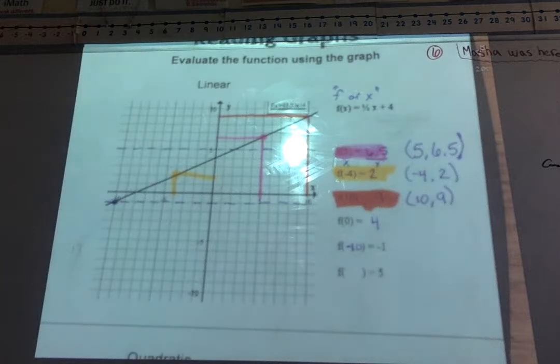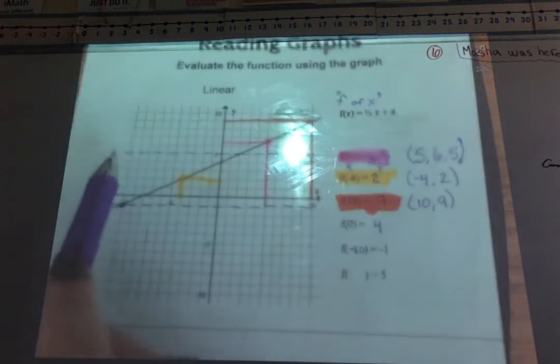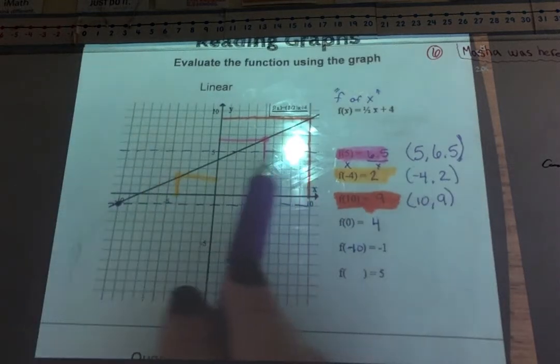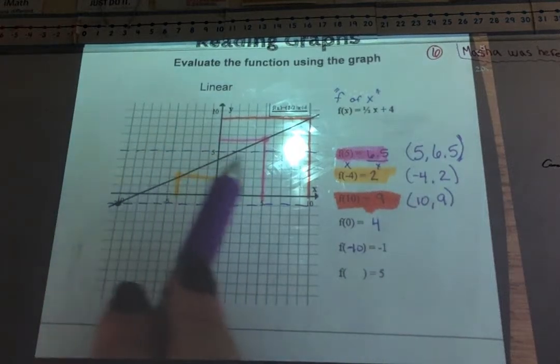Where does that bold diagonal line cross it? So this line up top represents y equals 5. Where does my bold diagonal line cross it?